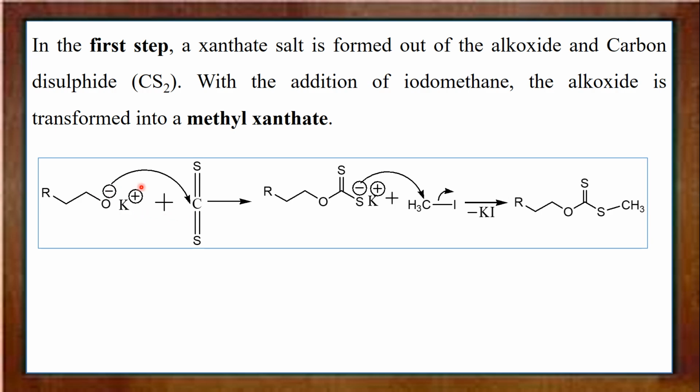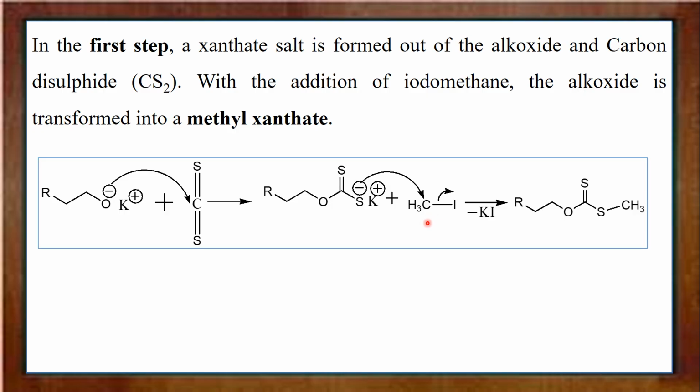When a new bond is made here, one of the pi bonds breaks to give S minus. So O is connected to this carbon, which has S minus, existing as an ion pair with the metal ion. This salt is then treated with an alkyl halide like methyl iodide.